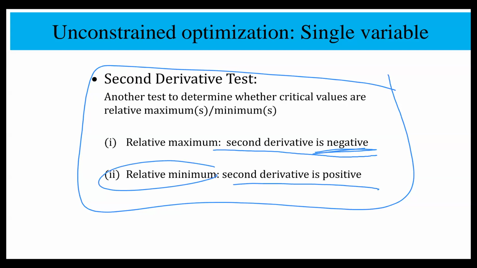You get the point. When is it maximum? When the second derivative is negative. This is the second derivative test. So when you differentiate twice and the answer is negative, then it's a relative maximum.